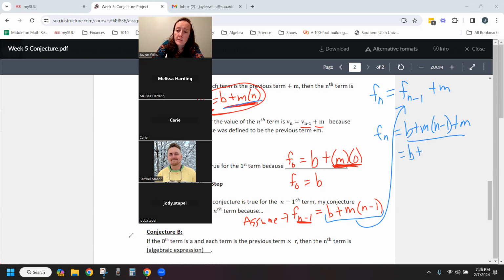So if we distribute the m, that would give us mn minus m plus m. And then the m's cancel out, because minus m plus m. Perfect. And we did it, because that's what we wanted to prove.